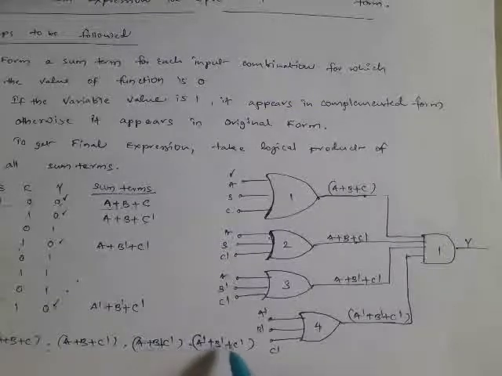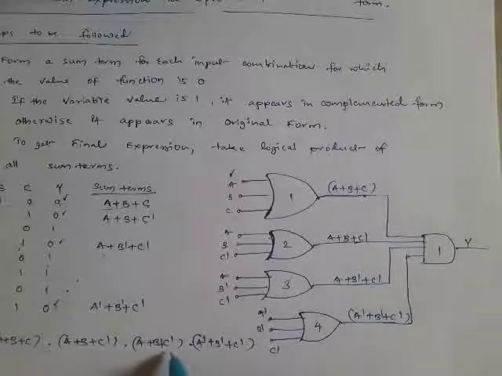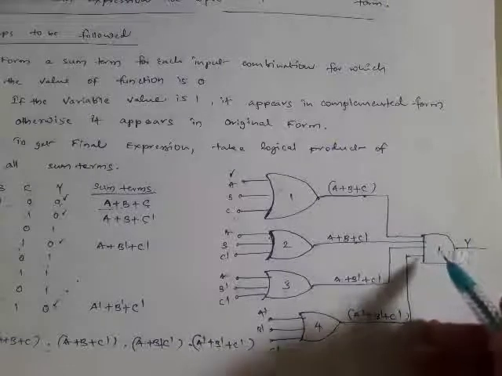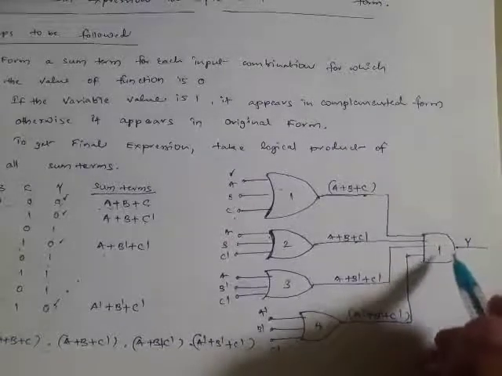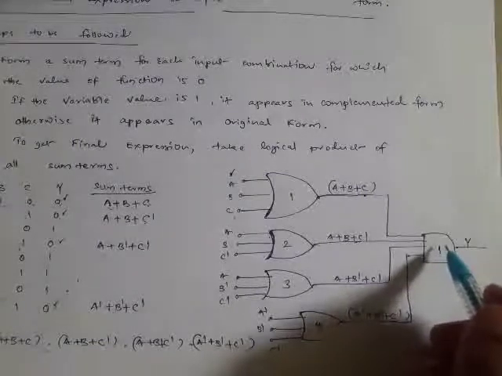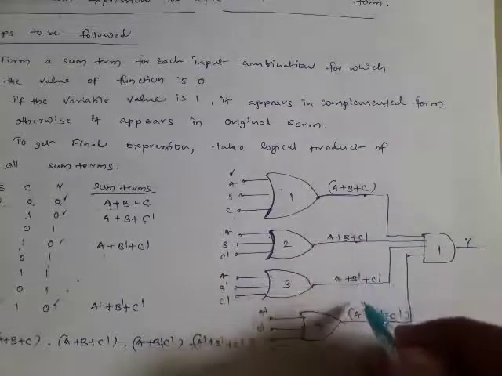And to get the final expression, what you have to do is take a logical product of all these sum terms. To get the logical product of all these sum terms, we take an AND gate, for which the inputs will be these 4 sum terms.